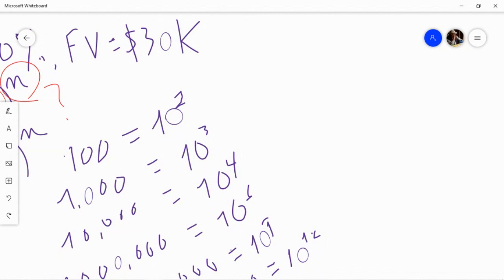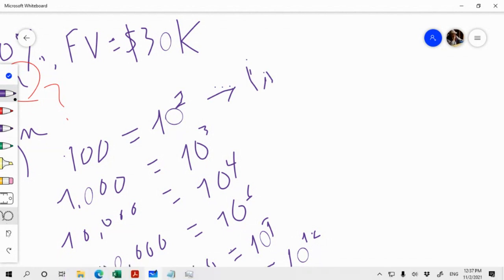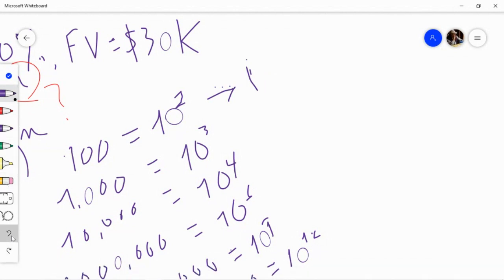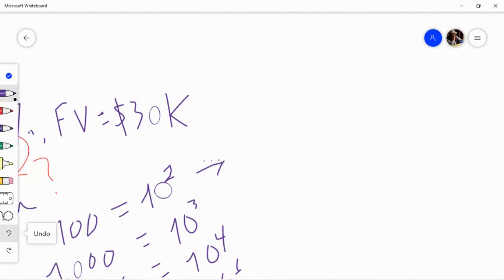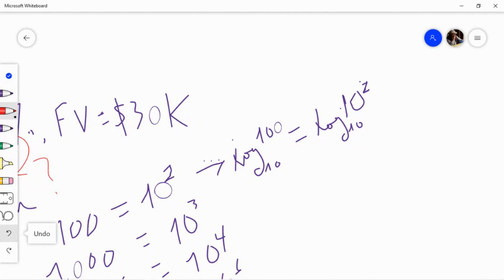But then we can also write it as the base 10 log of 100, using 10 as the base. 100 is the base 10 log of 10 squared, and this is a very nice property of log.